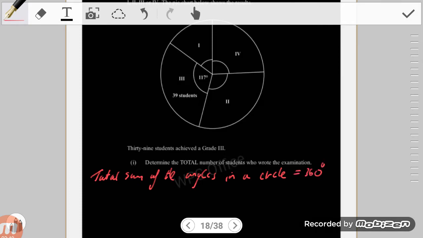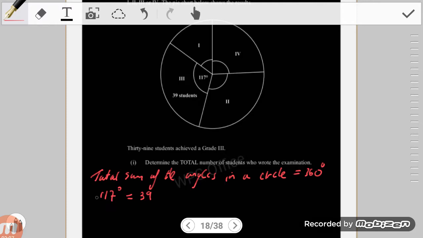So if I could find the value of 1 degree, then I can find the value of 360 degrees. I'm going to use a direct proportion method here to help me find the value of 1 degree. We already know that 117 degrees is equal to 39 students.